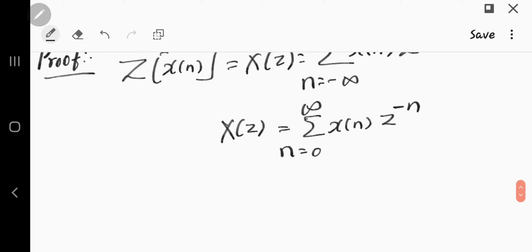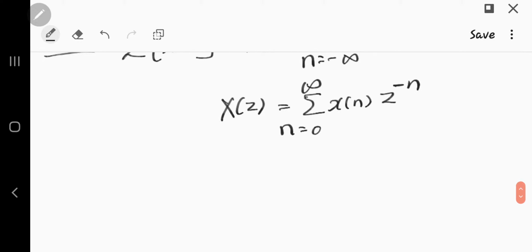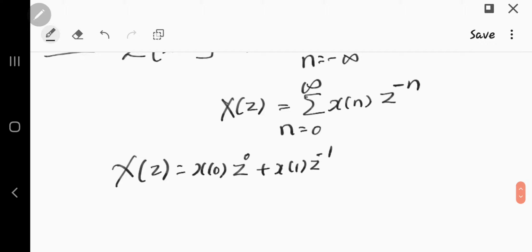Now if you expand this x of z, what do you get? Applying values from 0 to infinity: x of 0 z to the power of 0 plus x of 1 z inverse plus x of 2 z power minus 2 plus x of 3 z power minus 3, and so on all the way to infinity.